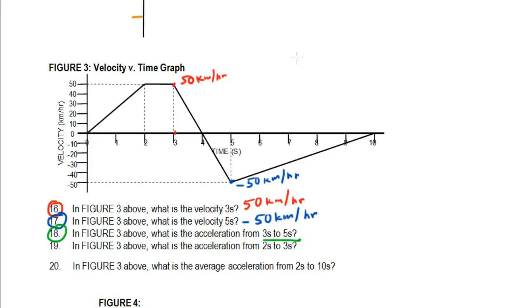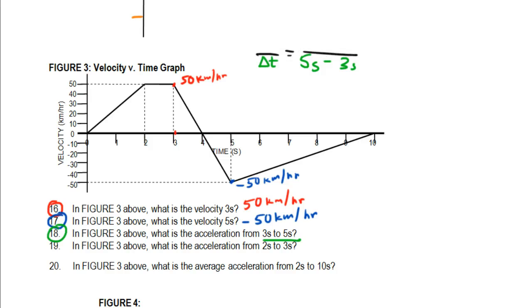Okay, so what this is going to be is my delta t. 5 seconds is my final time. 3 seconds is my initial time. Okay, this is delta t, equals.